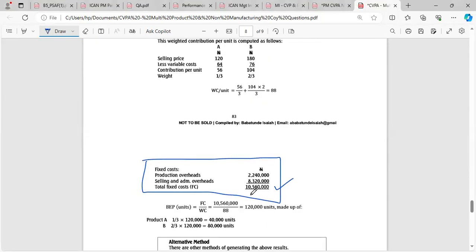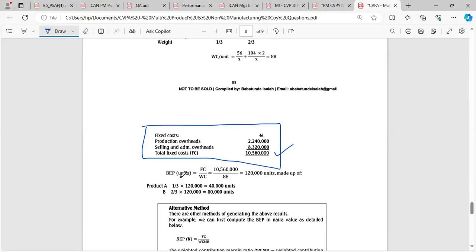But let us just create a way by which we are able to understand it. So the next thing, this is the formula here. The next thing is what? Weighted contribution, WC. For us to solve for weighted contribution, you know that we are supposed to calculate contribution first before we weight it. That weighting is the sales mix. We apply that sales mix to weight it, all right?